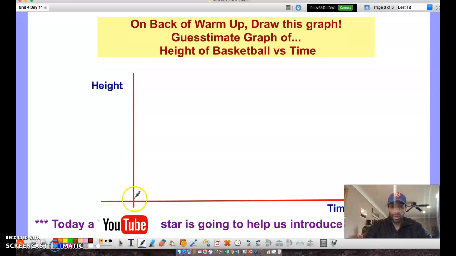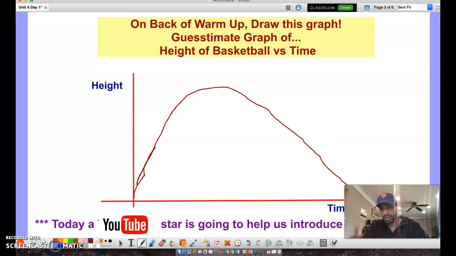The height goes up, and then the height goes down. But does it look like that? No, because how much time has passed? No time. So, really, what we're going to see is when you graph a basketball throwing up and down, it's going to go up as time's passing, up as time's passing, and down as time's passing.